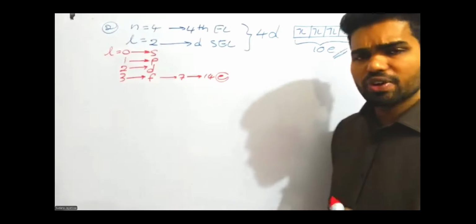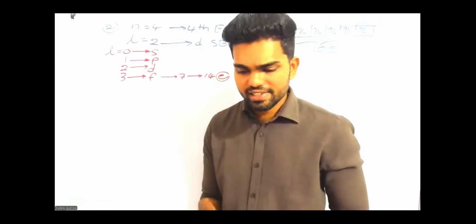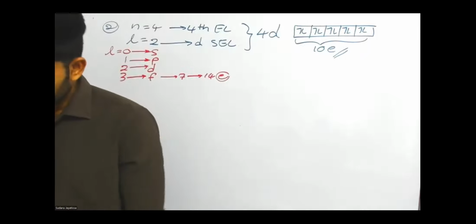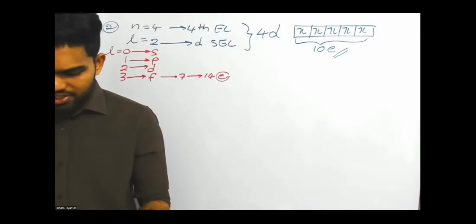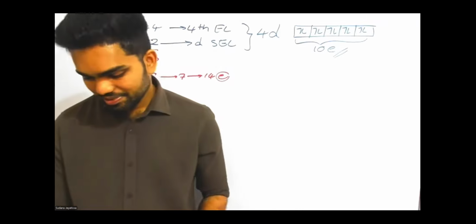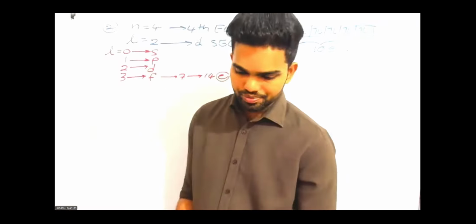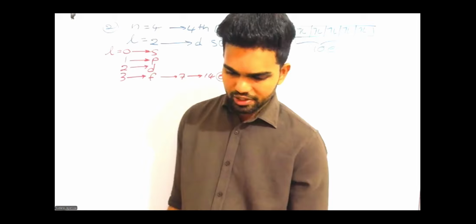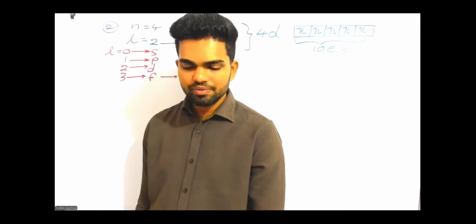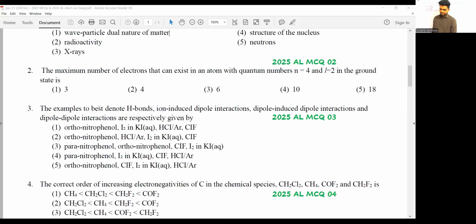That 14 I saw also there as an answer, isn't it? Check. No, 14 is not there, so don't worry. So the answer is answer 4. It's not asking about the total electrons, it's just asking about the number of electrons that were there.